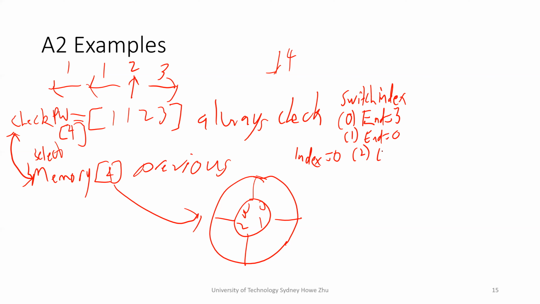Index 2, end would equal 1, and index 3, end equals 2. So that's how you read it. If I want to read the memory array to check against, I use the index as the start, read it element by element, and then read the last element, which is the end, as the final element. So this is whenever you unpack it.